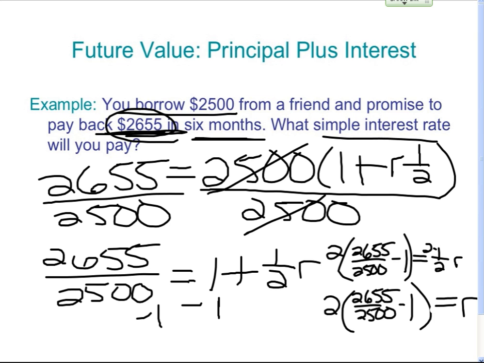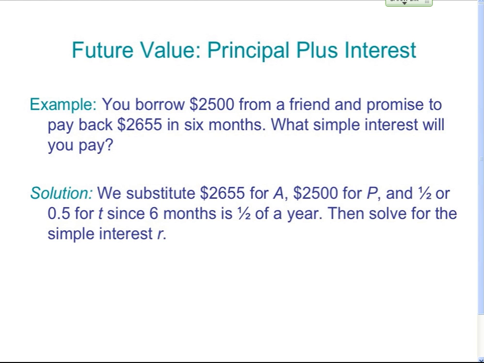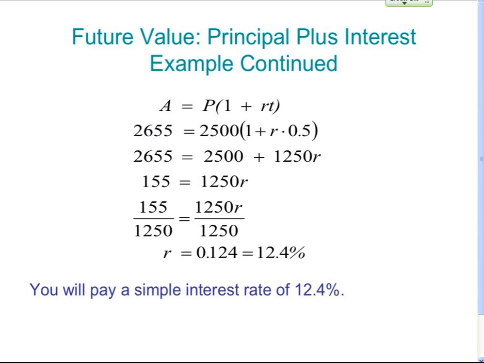Multiply by 2, and there you have your interest rate. So you will get an interest rate as a decimal, 0.124, and I want the interest rate as a percent, so you would move the decimal 2 places. So the answer for the interest rate is 12.4%.